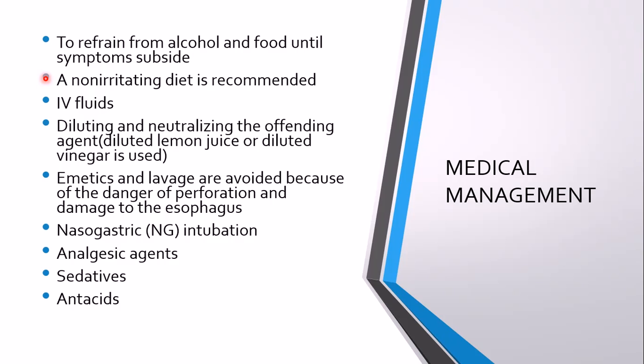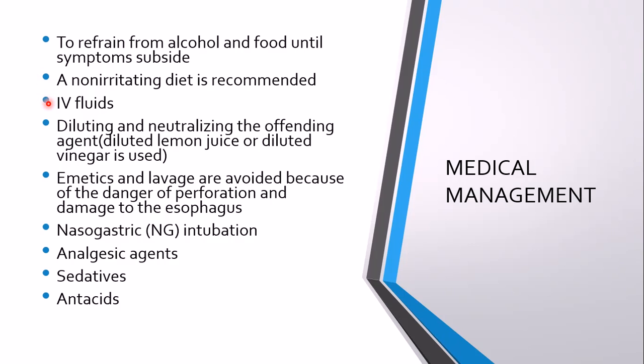If you're having any stomach issue in your home, generally your mother will be giving you a bland diet, right? That bland diet will not be interfering with anything, so it will be easily swallowed, easily digested when you're experiencing some digestive problem, and it will not be causing any irritation inside your stomach. So we give a non-irritating diet, and then IV fluids.